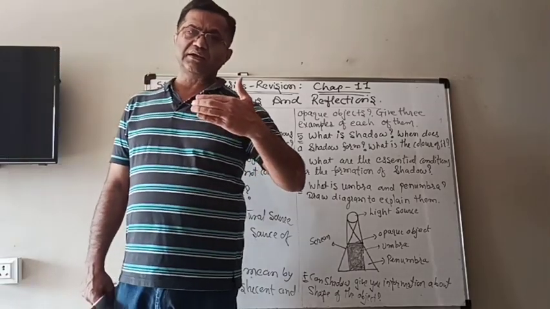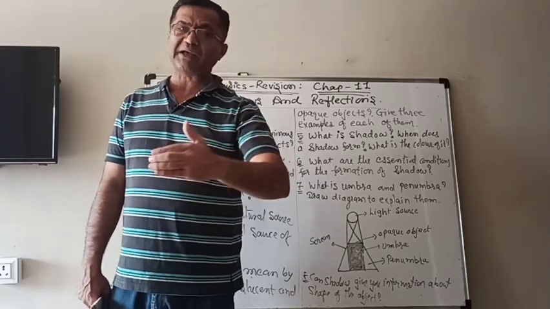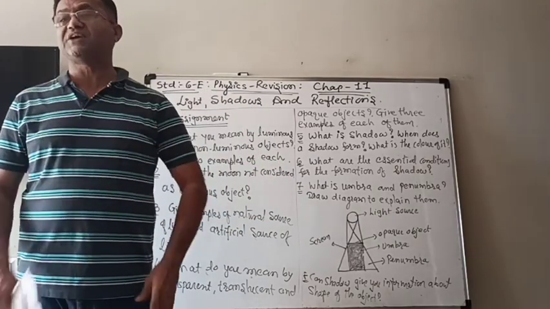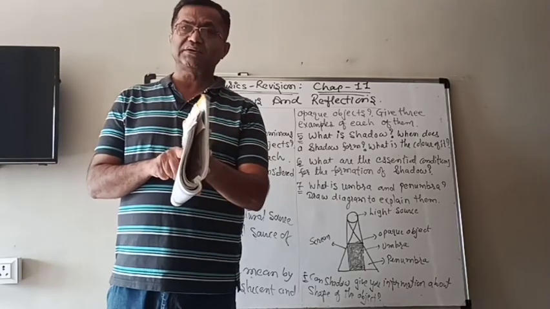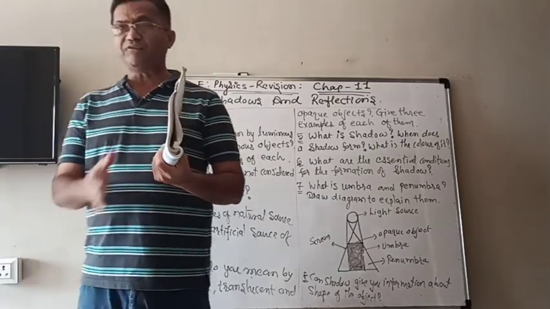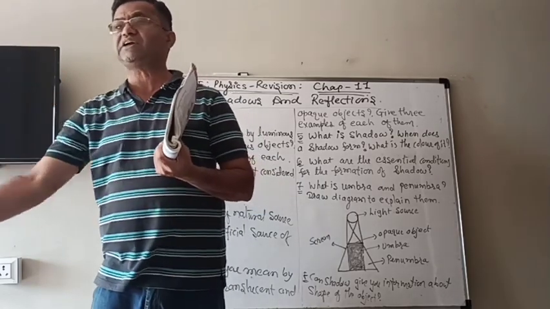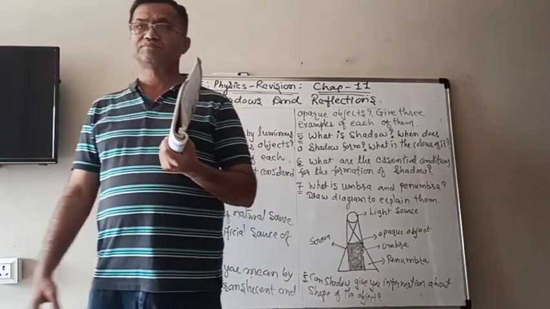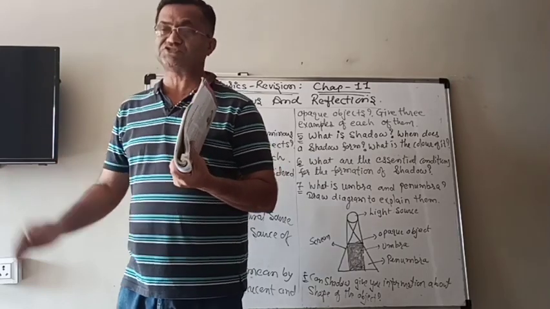Generally light travels in a straight line, and in its path, if you put an opaque object, then what will happen? From that part, the light will not pass through. And therefore, behind that object, if you put a screen or a piece of paper or a cardboard, on that part you will see dark patches.